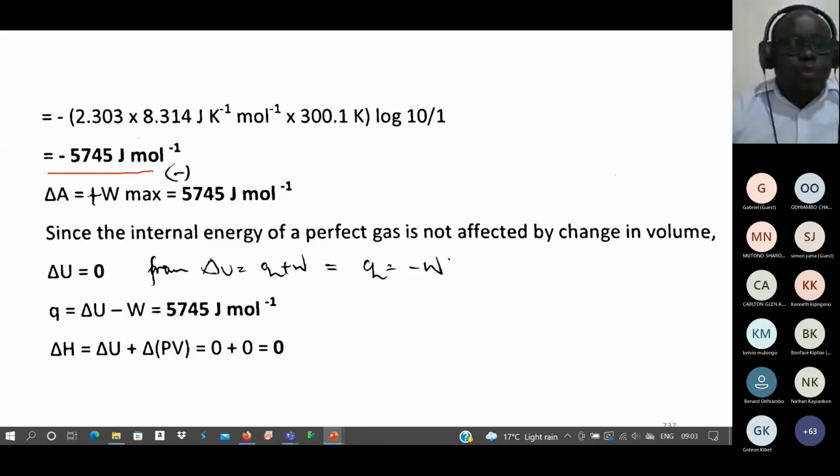Now, the reason why we call it the work function is because delta A equals W max.